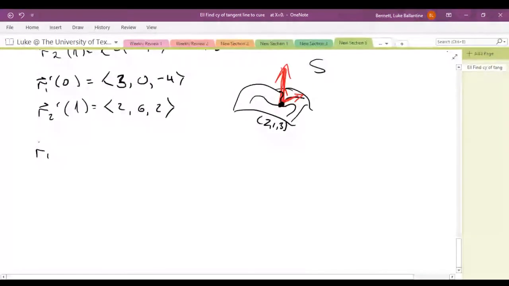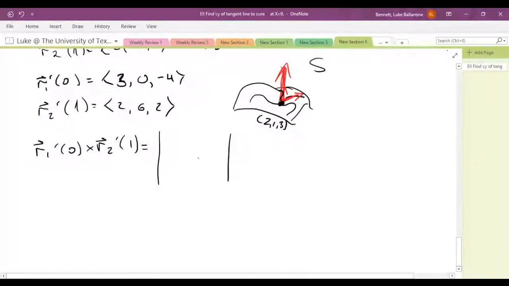If we do R1 prime 0 cross R2 prime 1, IJK 3, 0, negative 4, 2, 6, 2.